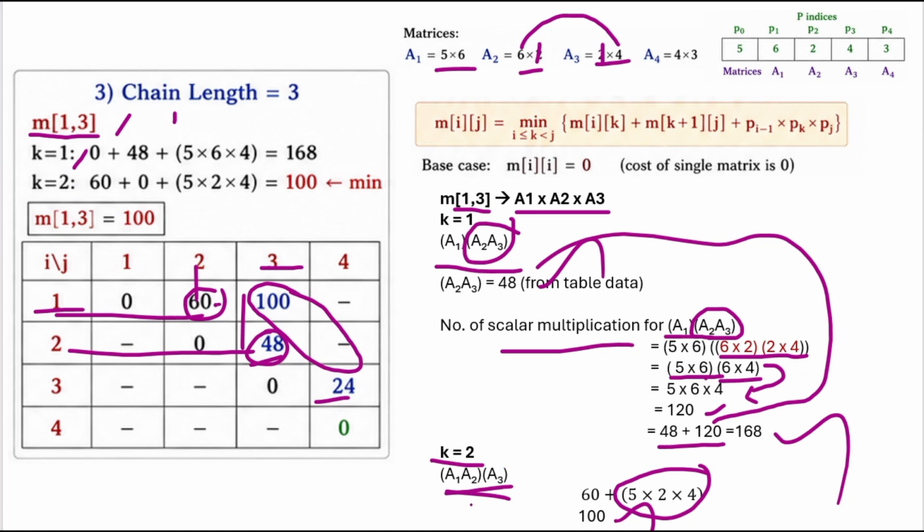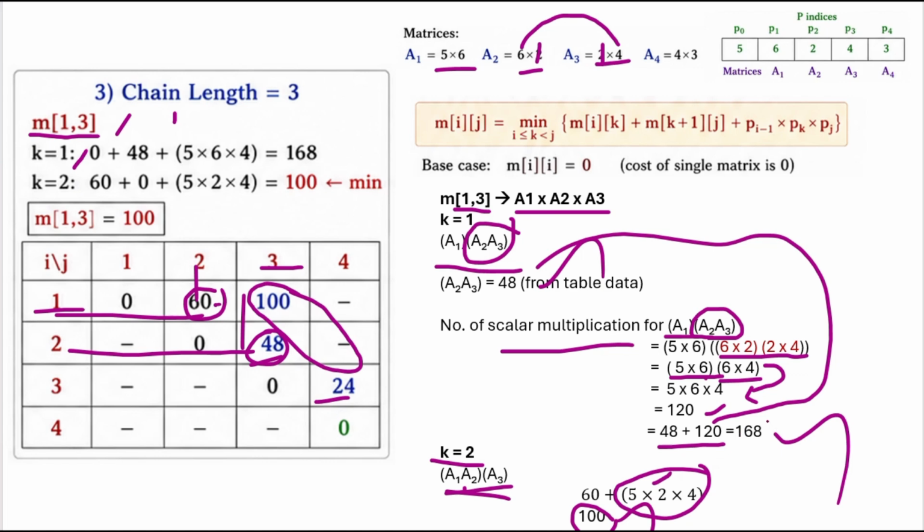For A1, A2, what is the resultant matrix dimension? A1 is 5 into 6, and 6 into 2, so 5 into 2. The resultant matrix is 5 into 2. Then what is the A3 matrix dimension? That is 2 into 4. So 5 into 2, 2 into 4, the 2 is common, so write it one time: 5 into 2 into 4. That is 40. The total number of scalar multiplications is 100.